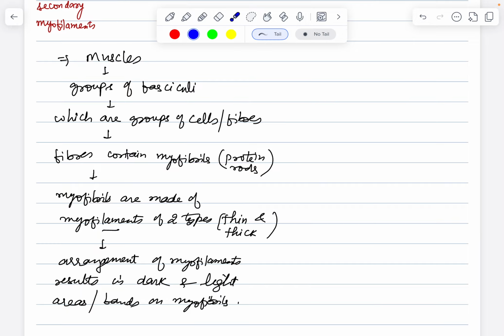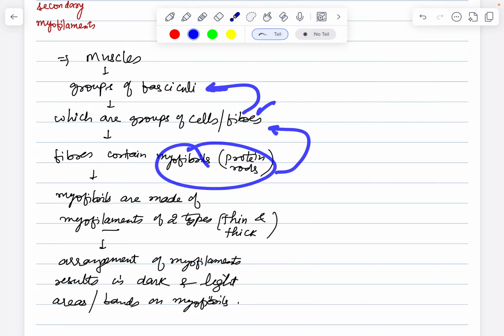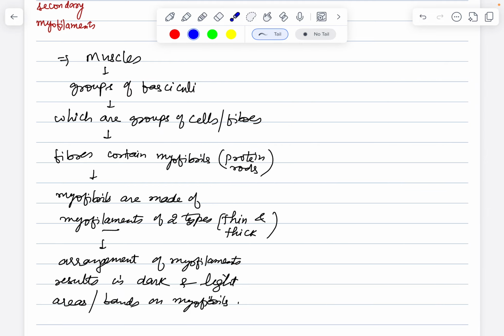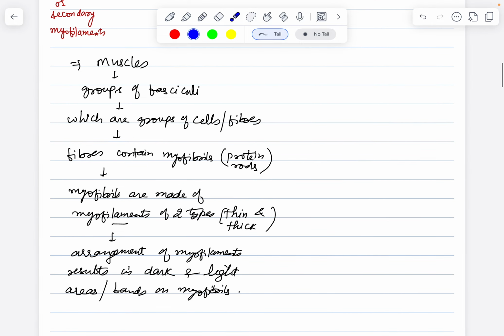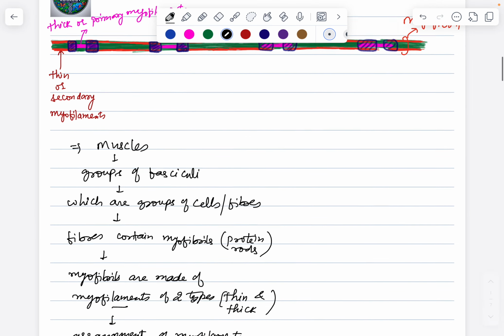So since each myofibril has the dark and light bands, the cells also seem to have them. The fasciculi also seem to have them. The muscles also appear to have the same dark and light bands. So here is our arrangement of various structures inside a muscle tissue.